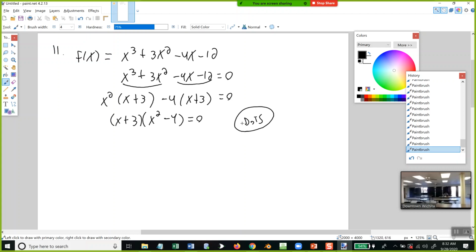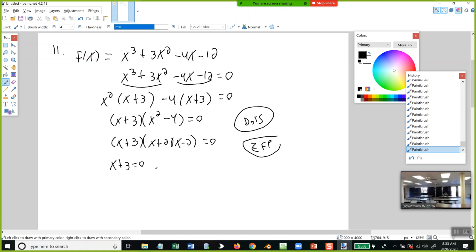We then can use difference of squares on the x squared minus 4. That factors as x plus 2, x minus 2. Zero factor property. You get 0 on one side, you factor the other side, you set each factor equal to 0.